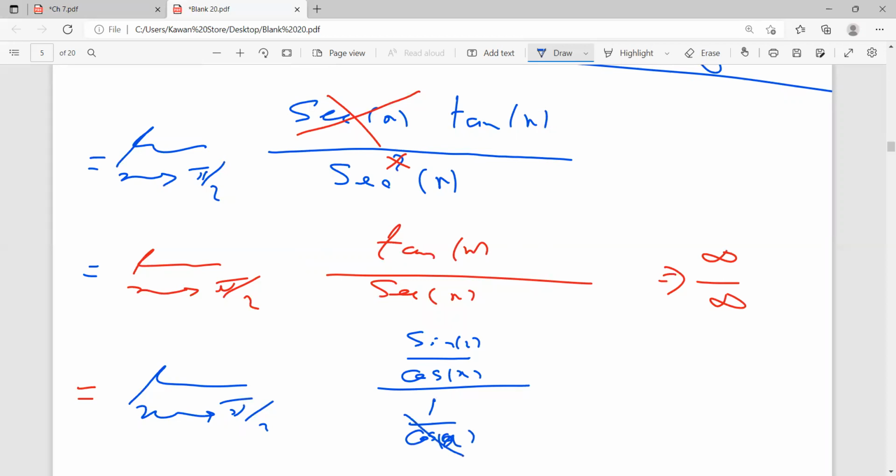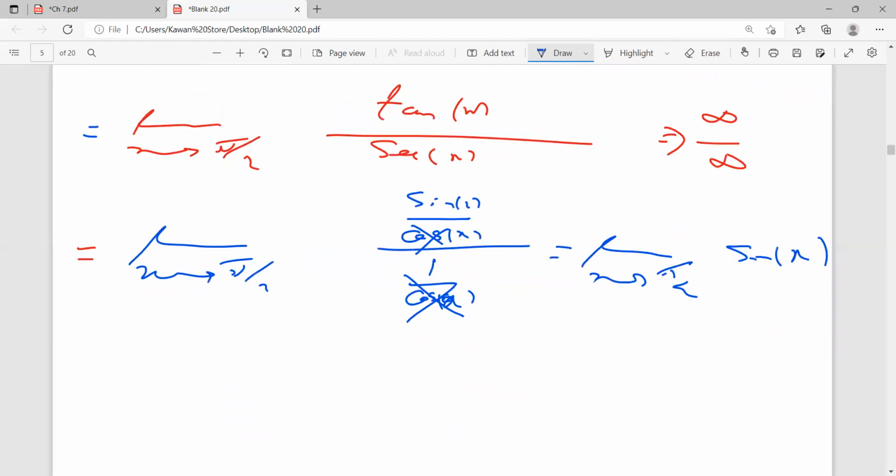So this one with that one will eliminate. So I will get sine of x. Substituted, you'll get what? It's equal to.